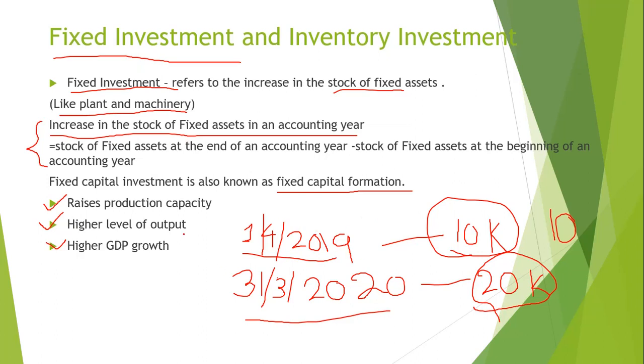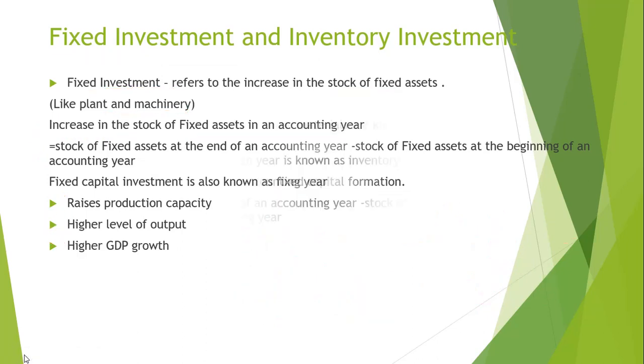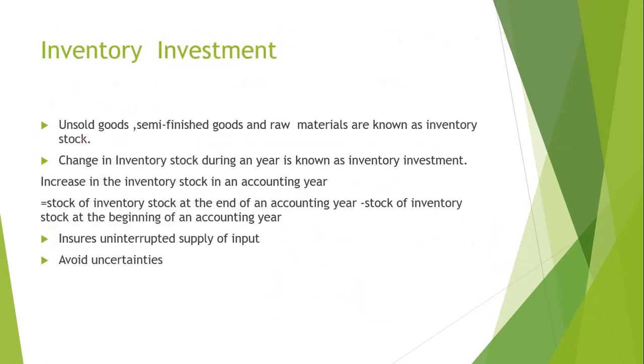And like this, you can be told to find out the stock or increase in the stock of fixed assets. So let's see inventory investment. What is inventory investment? Unsold goods, semi-finished goods, and raw materials are also known as inventory stock. Unsold goods means the goods which are not sold.